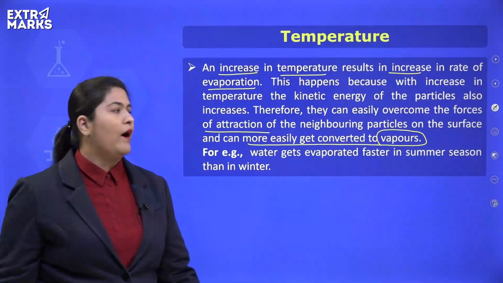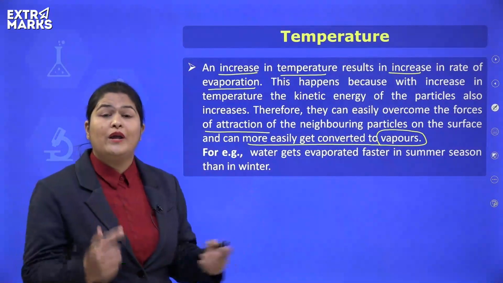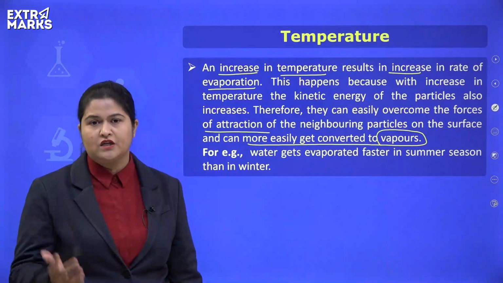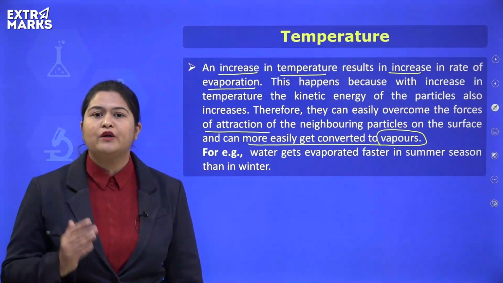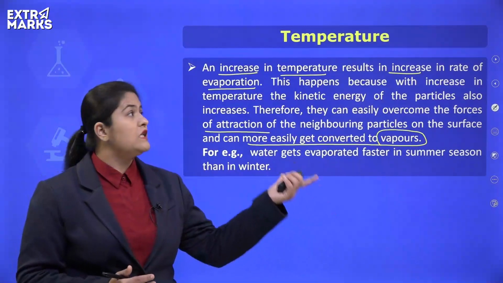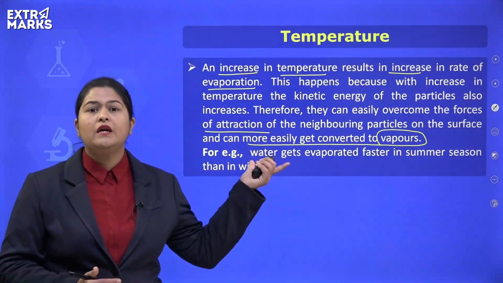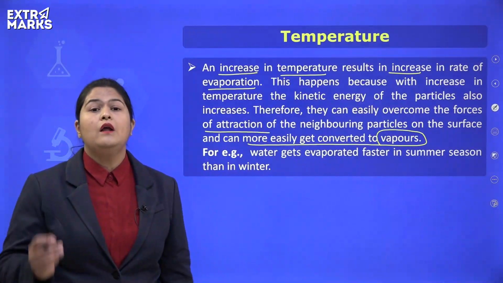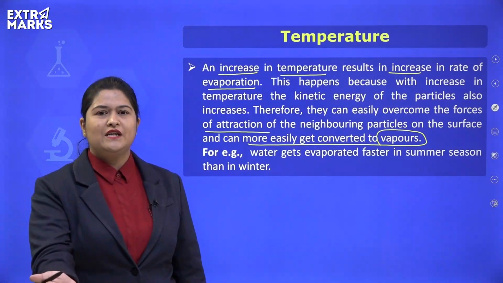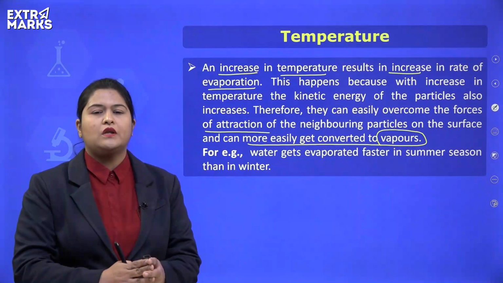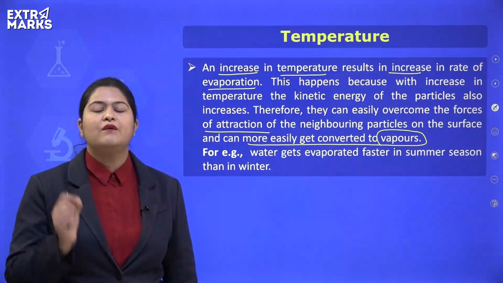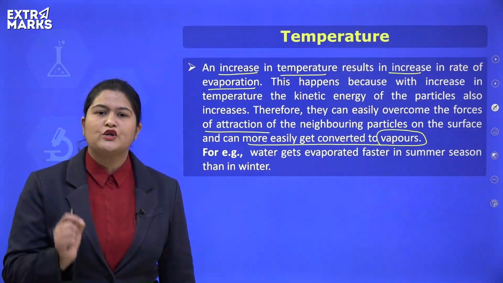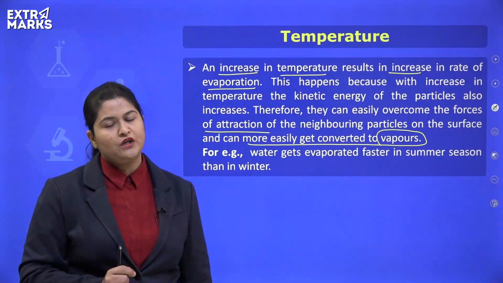That is the reason why our clothes dry quickly in the summer season, isn't it? Why does water evaporate quickly in the summer season as compared to the winter season? The reason is temperature. With the increase in temperature, the overall rate at which kinetic energy increases and the speed at which the attractive forces are overcome increase, and hence the rate of evaporation increases.